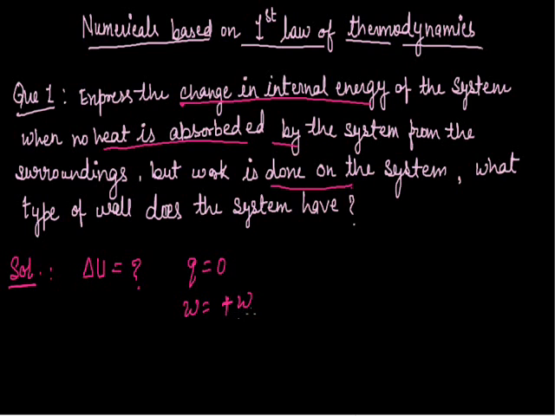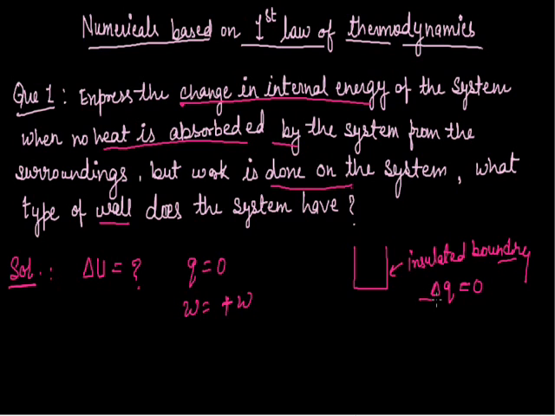And now what is the type of wall? When no heat is absorbed from the system, it means the wall of the system is an insulated boundary, means when delta Q is equal to 0, no exchange of heat, such type of walls are known as adiabatic walls. So the work will be W adiabatic.